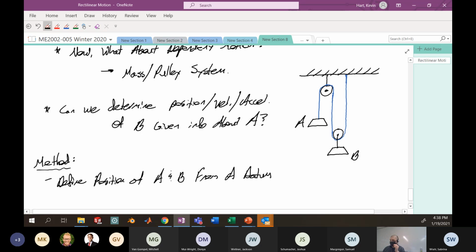Okay, in this situation, let's just set the datum as the ceiling. Let's define the position of A as XA, and we'll define the position of B as XB.